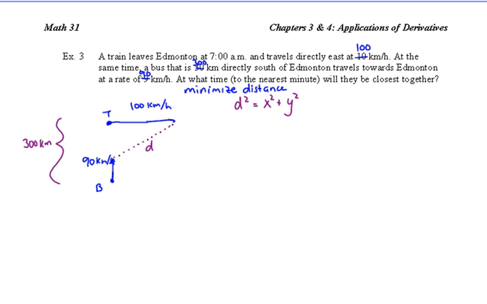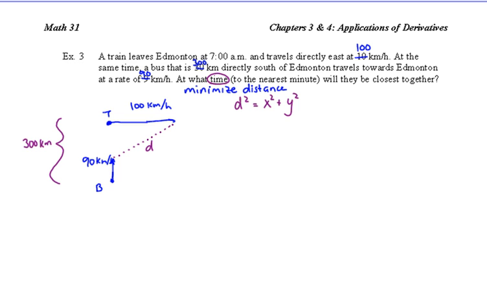Well, they're moving at different rates. We want to know what time that happens. So that's a hint. It's not going to be the same because they're moving at different rates.